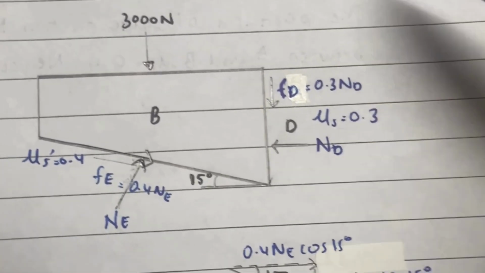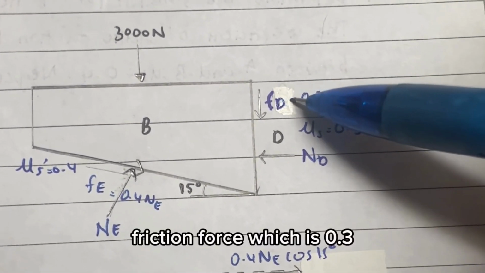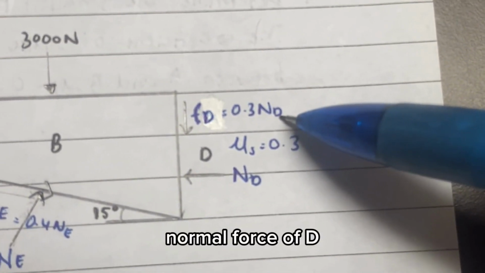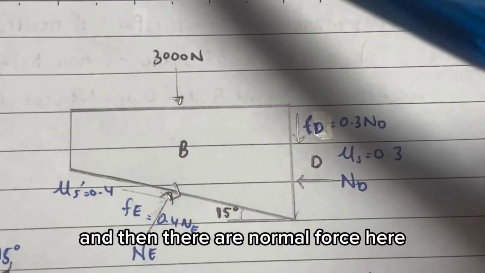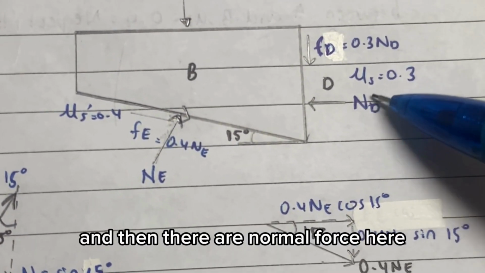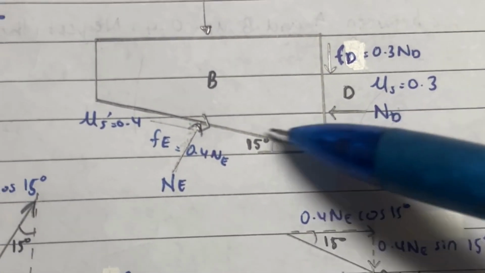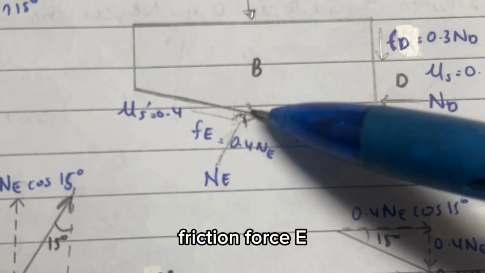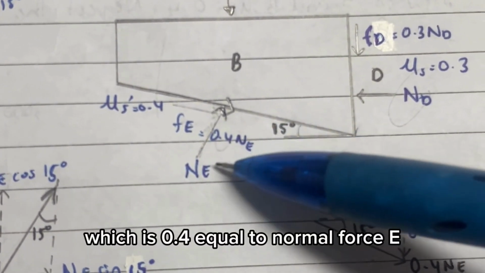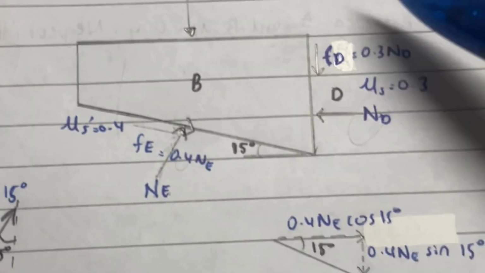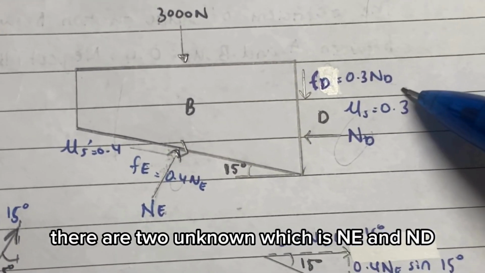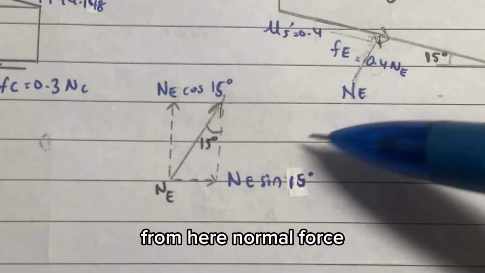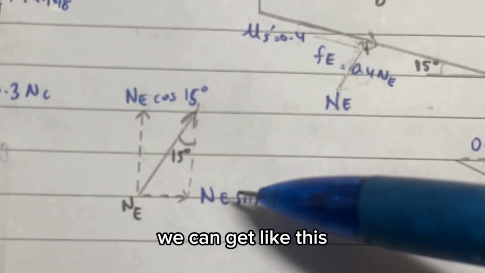For wedge B, we can take out the friction force, which is 0.3 multiplied with normal force of D. Then there are normal forces here, and for the friction force here we can assume friction force E, which is 0.4 times normal force E. There are two unknowns, NE and ND, and we have to take out the calculation, from which we can get the normal force like this.